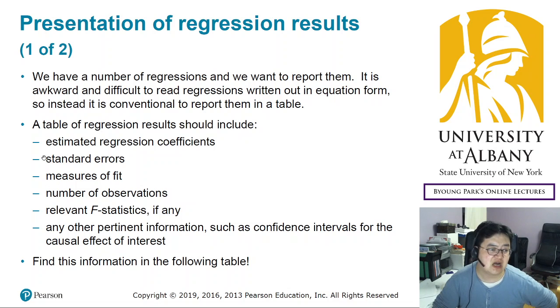These four are pretty much the requirement. They must be included in every regression result. If needed, you may include additional F statistics if you have a specific hypothesis to test. And if you are interested, you may include confidence intervals for some important variables.